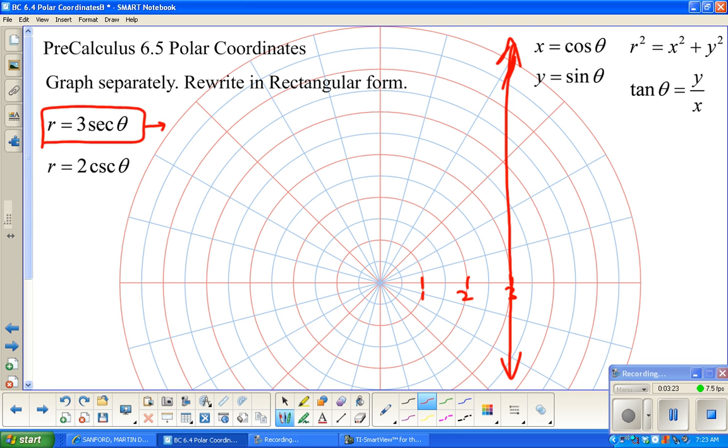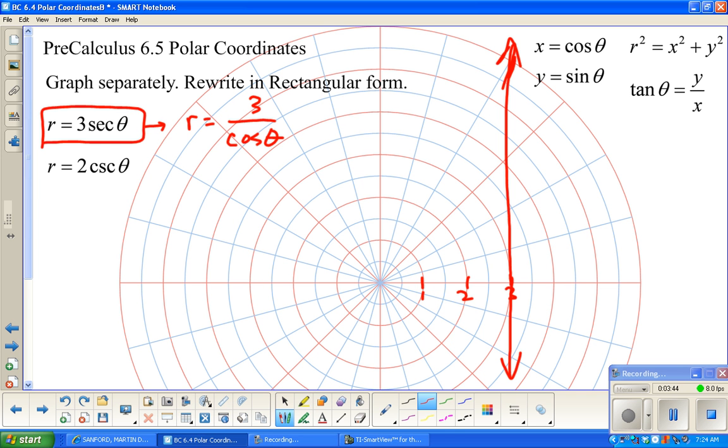Now we have converted something like this in the last video. I'm just going to take a second here and convert this over into rectangular. So this is r equals 3 over cosine, because secant is 1 over cosine.